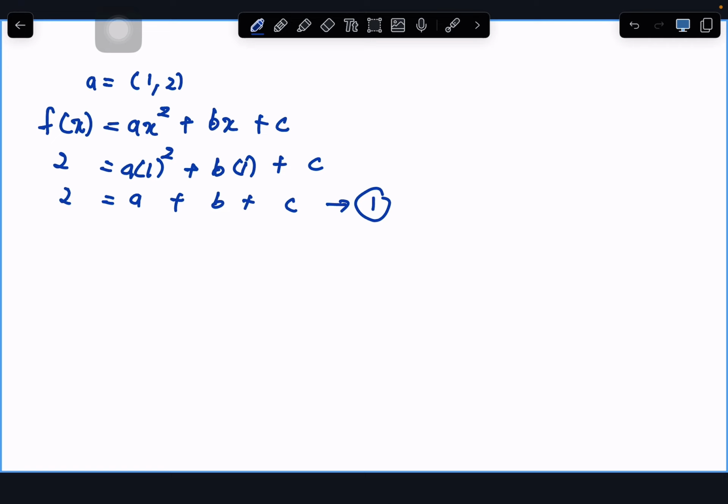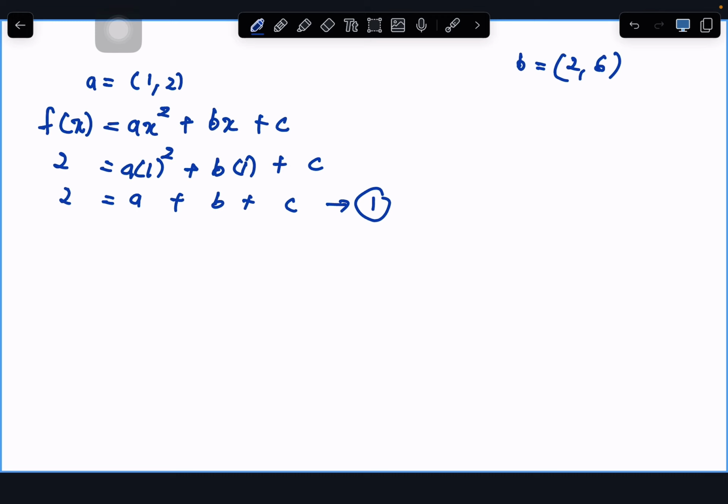So what do we do with the second point? The second point is what? (2, 6). So what do we do with (2, 6)?